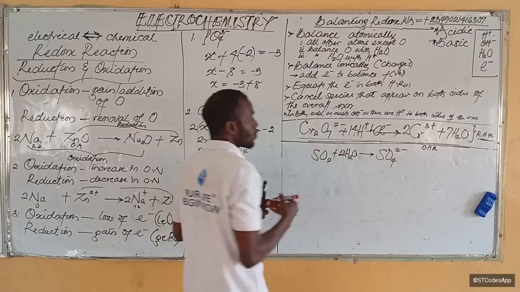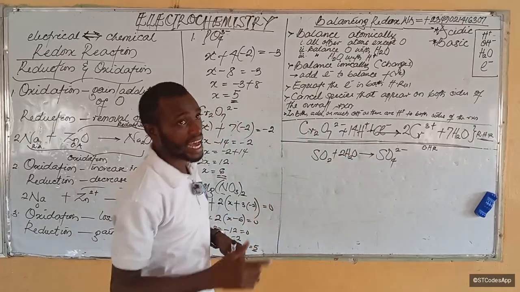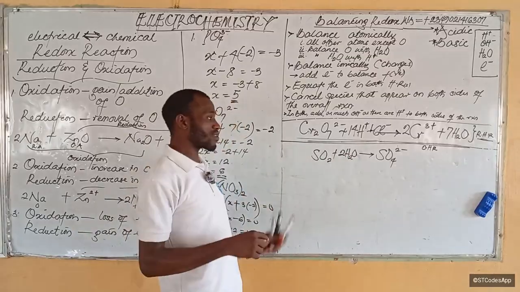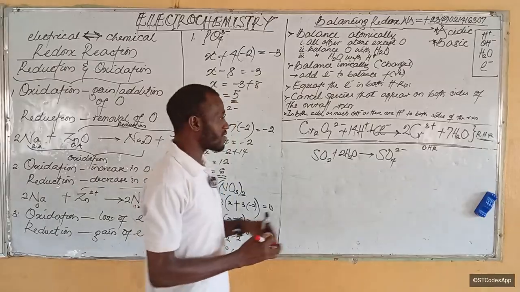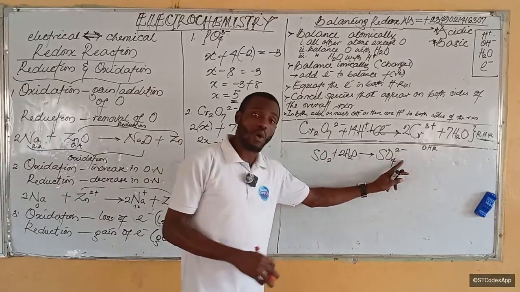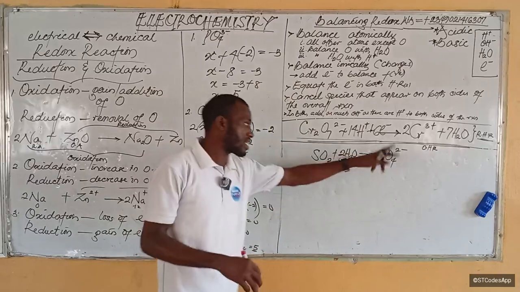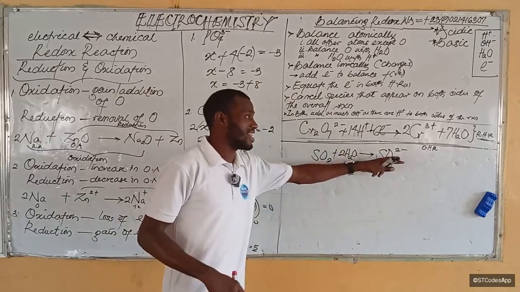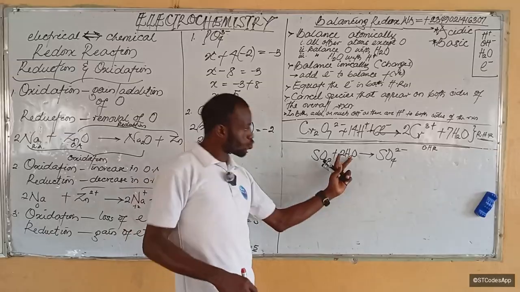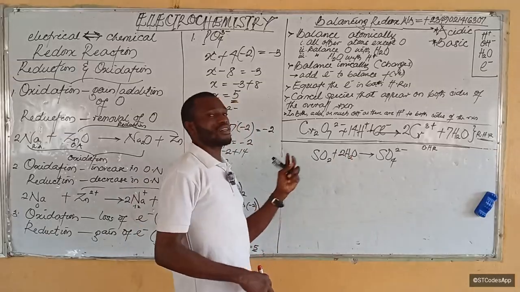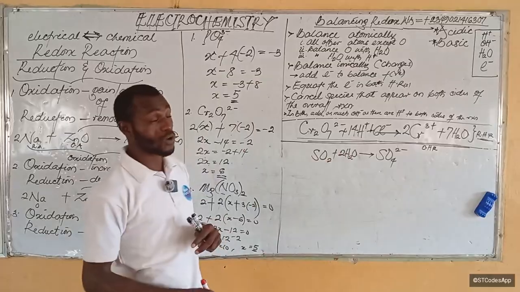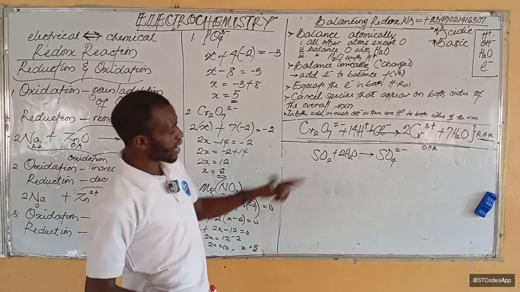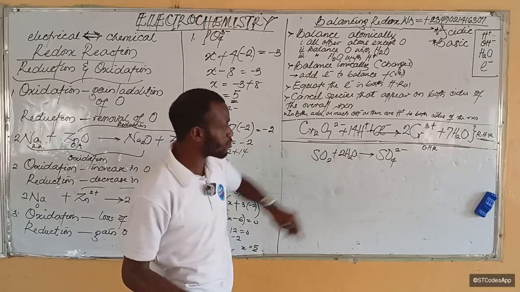I said balance oxygen with as much water as there are oxygens on that side. So we add 2 more oxygen than we have here. So we'll add 2 water here, so that we'll have 4 oxygen on this side. But of course, by adding water here, we have added a new species.